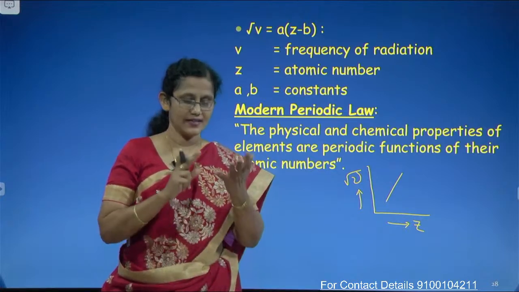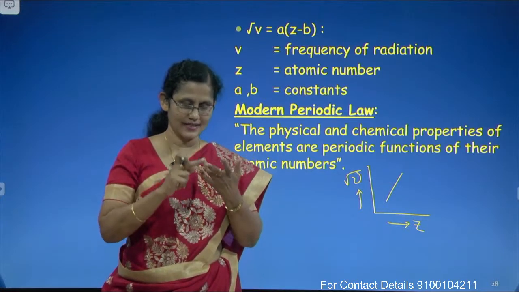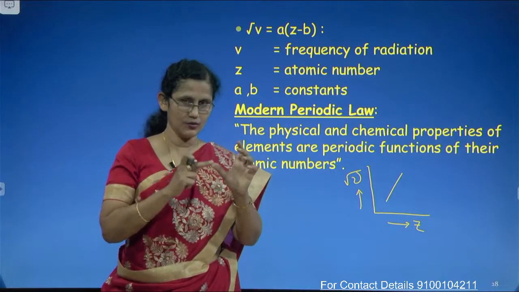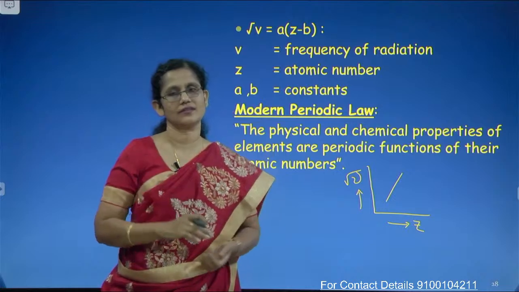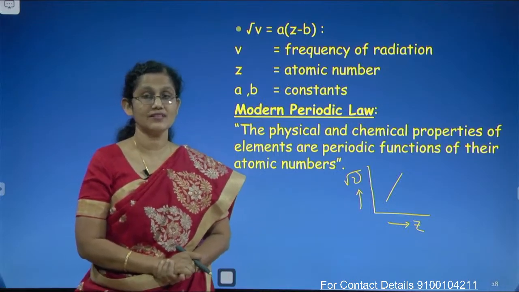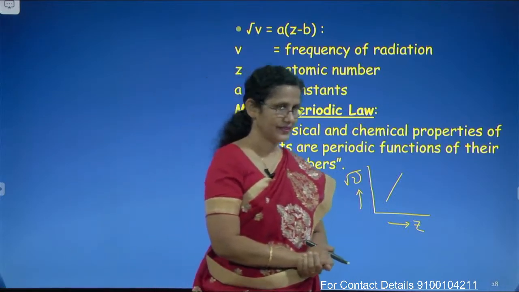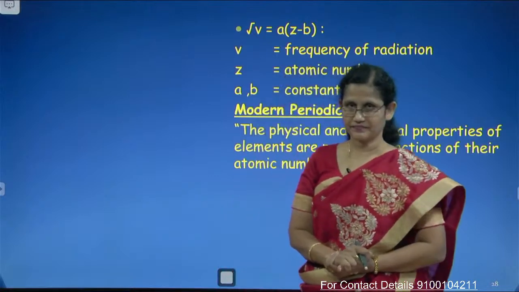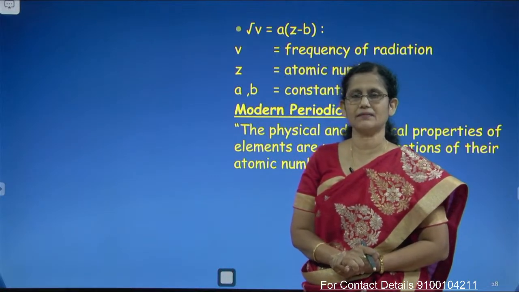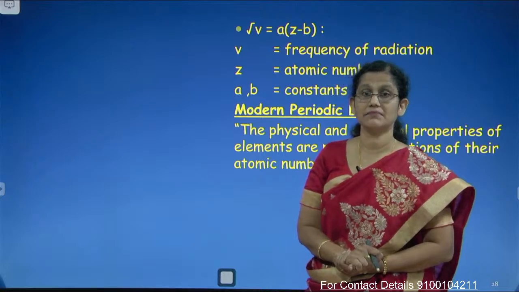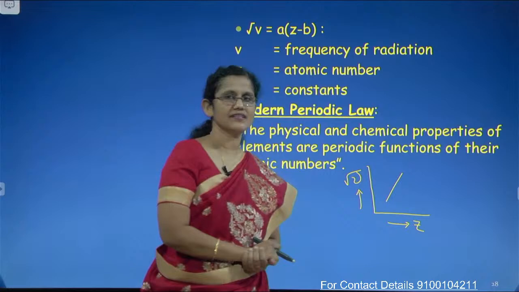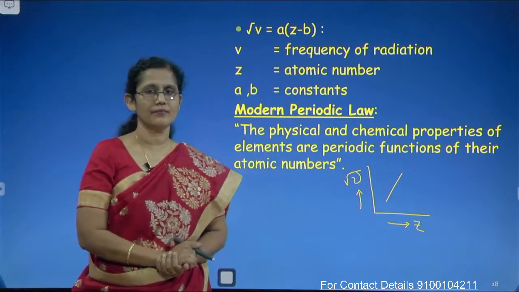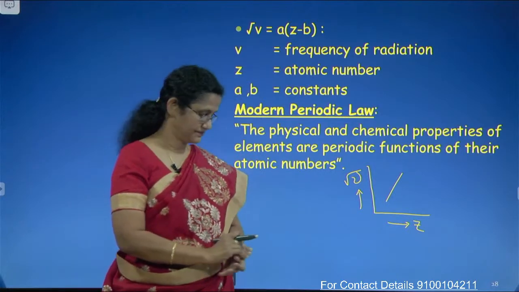Hydrogen, oxygen, nitrogen, fluorine, chlorine, helium, neon, argon, krypton, xenon, radon. There are 11 gaseous elements in the periodic table, right. Can you tell one liquid metal in the periodic table? Mercury, right, liquid metal.